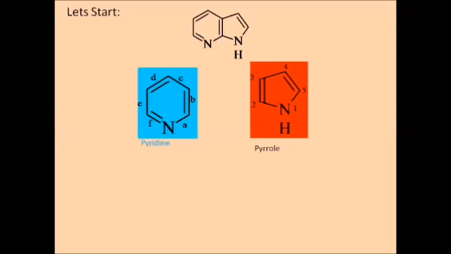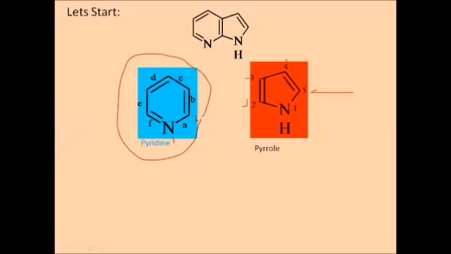We have to number 1, 2, 3, 4, 5 for the substituent ring and a, b, c for the major ring, or you can say the basic ring. Where is a written? This is atom number 1 and this is atom number 2 in this ring.